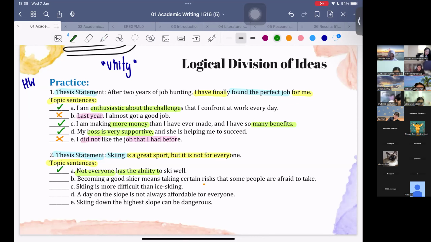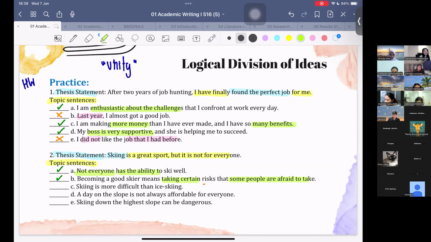Keep this. B, becoming a good skier means taking certain risks that some people are afraid of. That's why it's not for everybody, because you need to take risks that some people are afraid of. C, skiing is more difficult than ice skating.